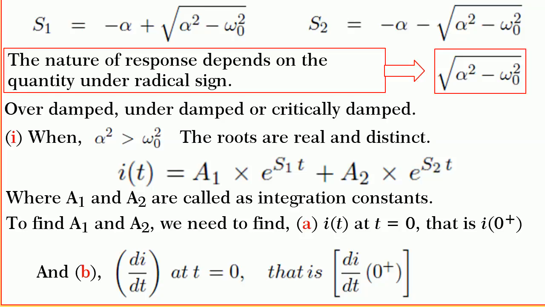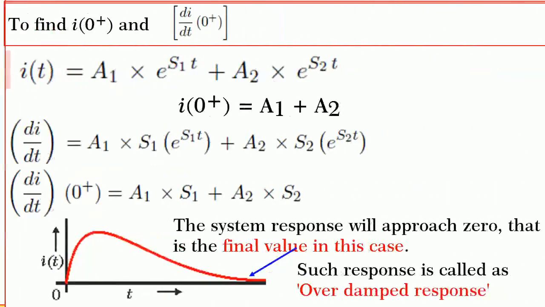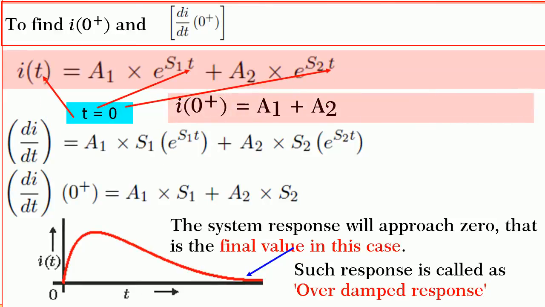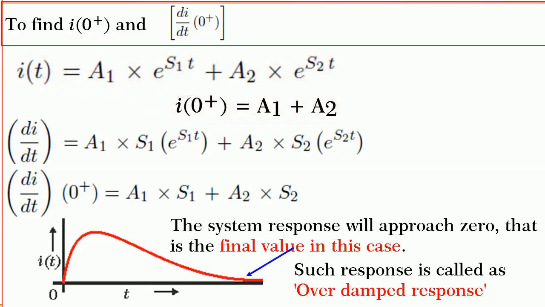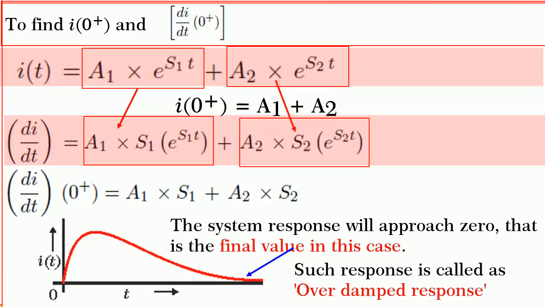So, friends, to find a1 and a2, we need to find i of 0 and di by dt of 0. Consider the equation for i of t. If we substitute t is equal to 0, we get i of 0 plus is equal to a1 plus a2, and di by dt is equal to a1 into s1 into e to the power of s1t plus a2 into s2 into e to the power of s2t.